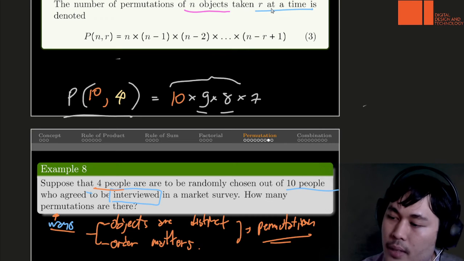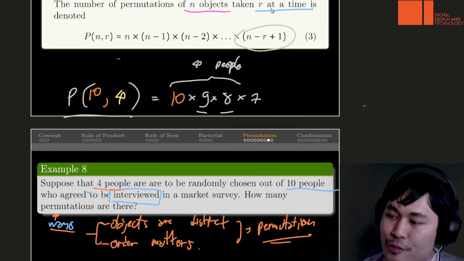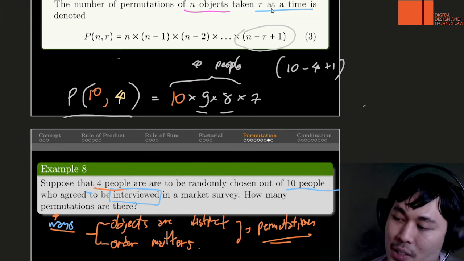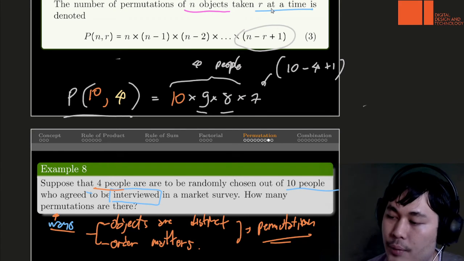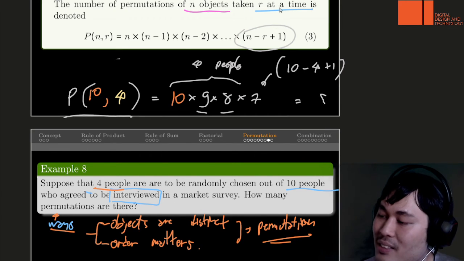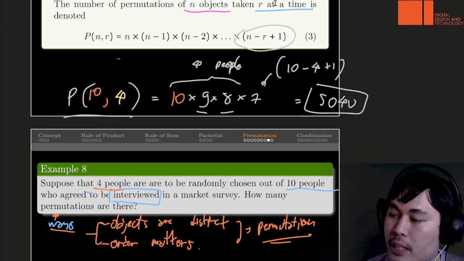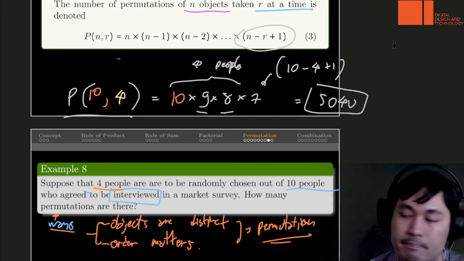So there are 4 people. This might be easier to see. But if you apply the formula, it should be 10 minus 4 plus 1, and so the last number is, of course, 7. Then you just have to do the math. It should give you 5,040. So there are 5,040 ways you can arrange the interview for these 4 people.